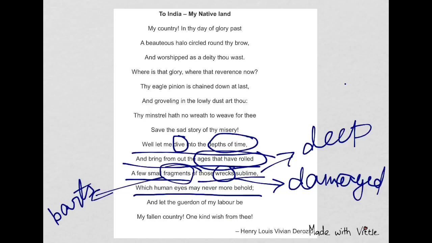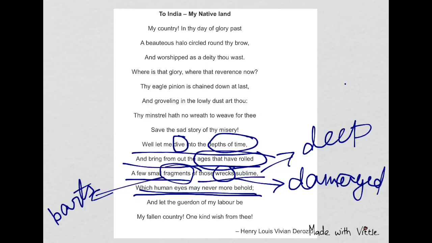He wants to go back to the glorious past and bring back that respect and that status which has been broken into a few small fragments, a few small parts, and cannot be seen by human eyes anymore.